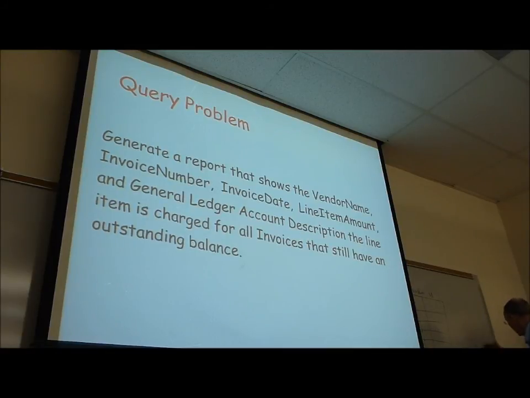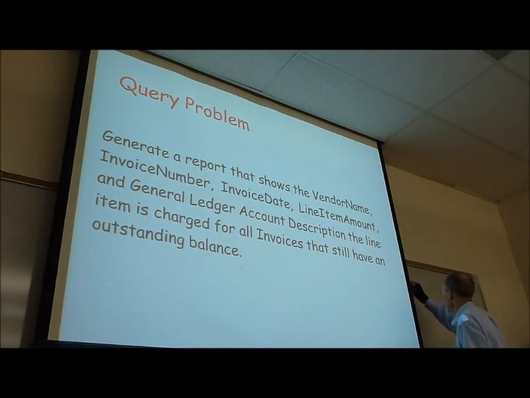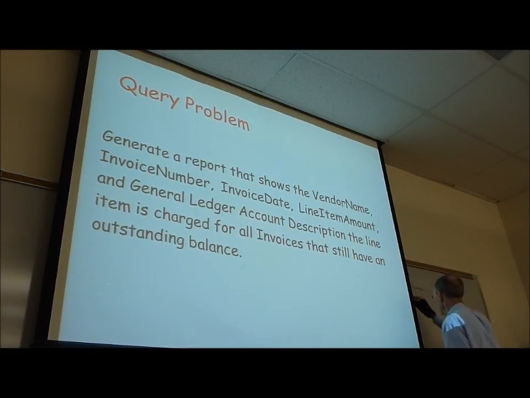What is it I want? It's going to go down the left-hand side here. So they want a vendor name. So we're going to have a vendor name, and what do we want? An invoice number, and we want an invoice date.